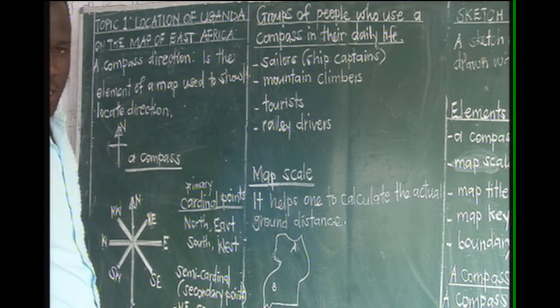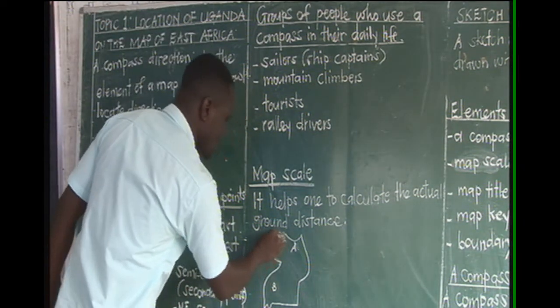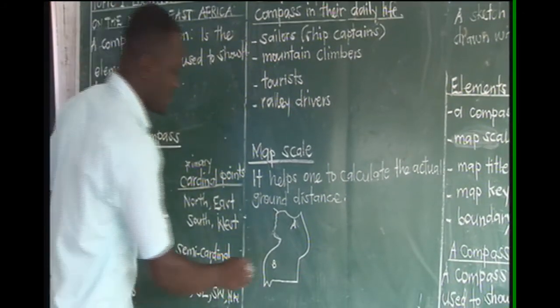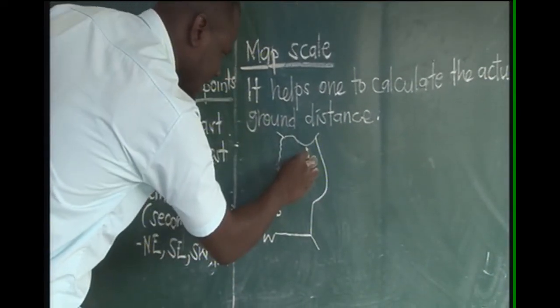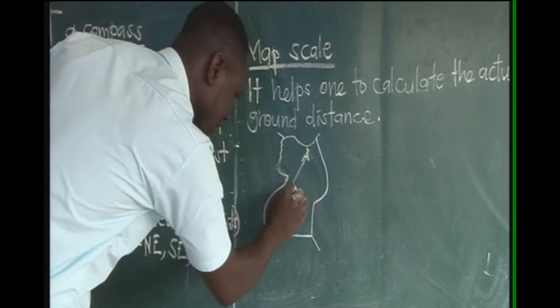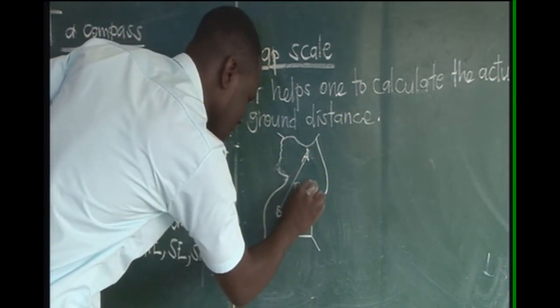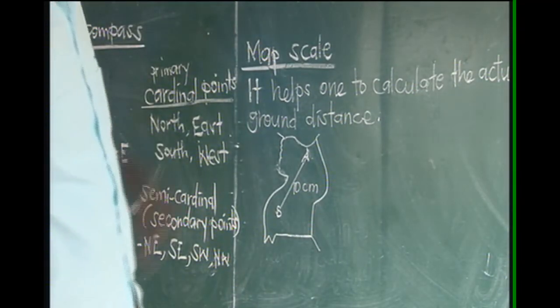Someone will ask you to calculate the distance between these places. And they can say, on the map, this one can be like 10 centimeters. So now it's your work to calculate, not the scale.